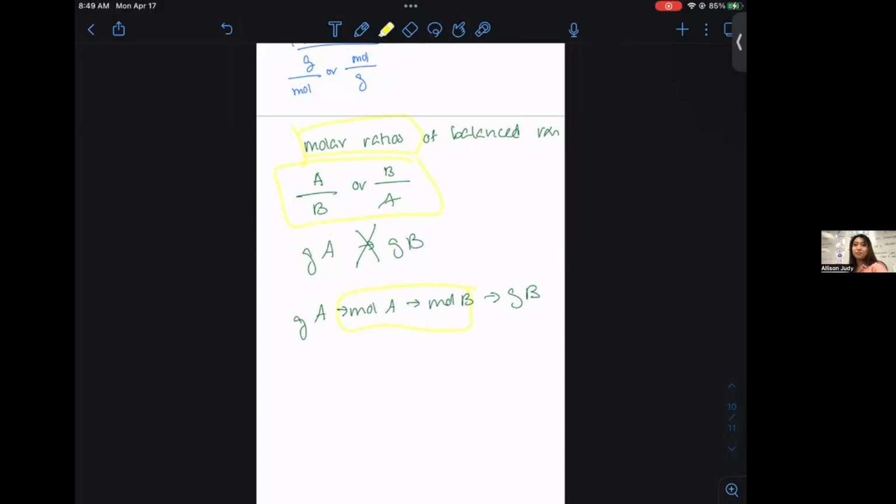It's not the same, because grams is super dependent on the unique characteristics, the densities, the unique mass of each molecule. But the ratio revealed in your chemical reaction coefficients is consistent. It's constant between those two species. So that is a big, big thing.